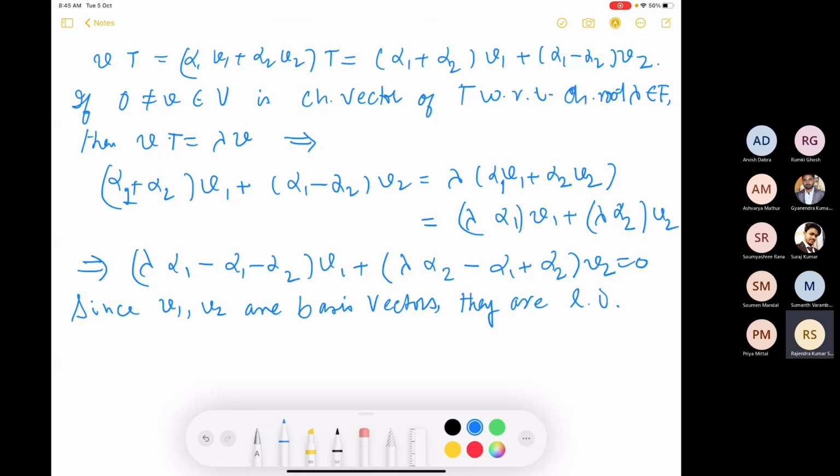Therefore each coefficient should be 0. So lambda alpha 1 minus alpha 1 minus alpha 2 is 0, as well as lambda alpha 2 minus alpha 1 plus alpha 2 is also 0.